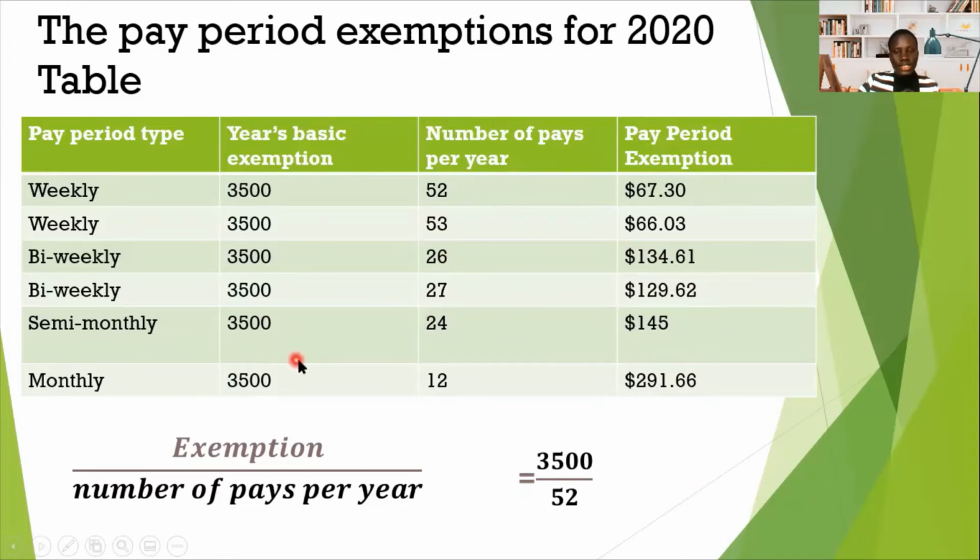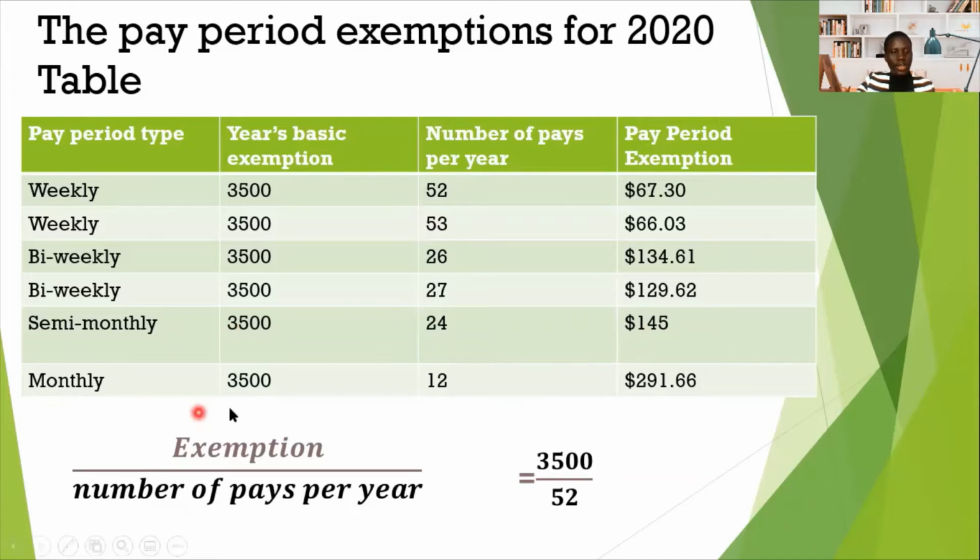Semi-monthly, you take 3,500 and you have 24 pays, since you get paid twice a month. You have 24 pays a year, and you get 145.83.